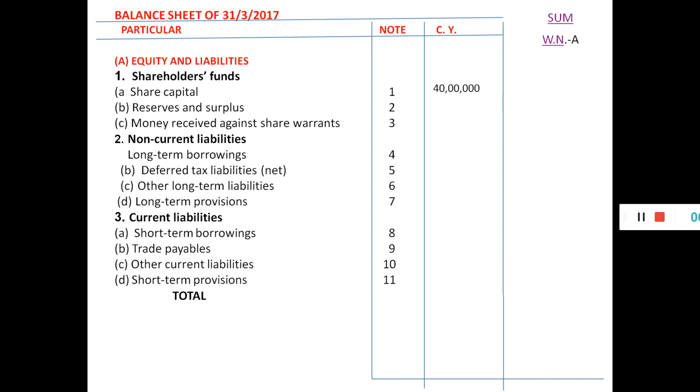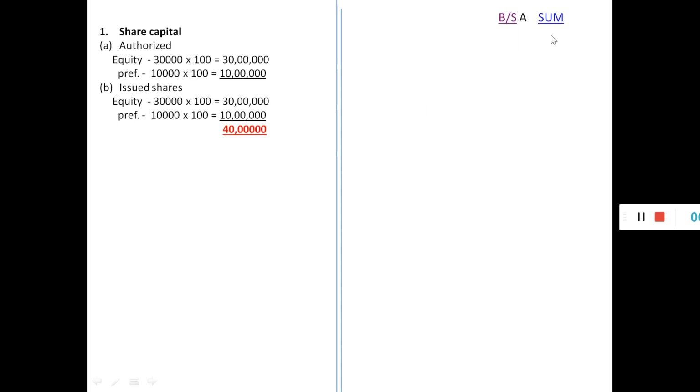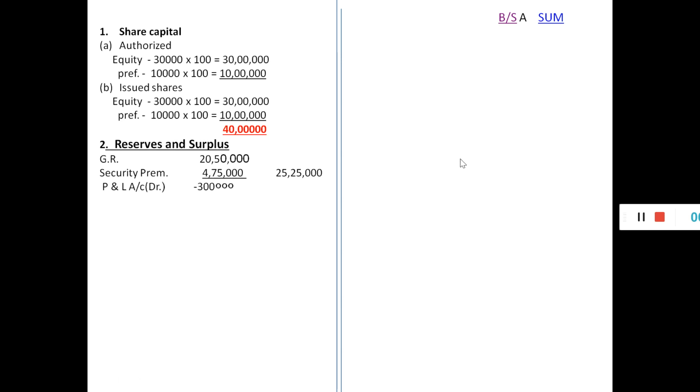Go to the reserve and surplus, note number 2. Reserve and surplus. General reserve 20 lakh 50,000. Security premium 4 lakh 75,000. Profit and loss account debit balance rupees 3 lakh. Miscellaneous expense 58,000.